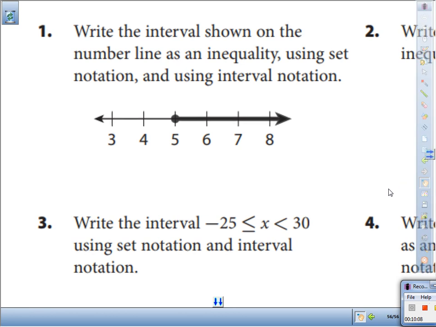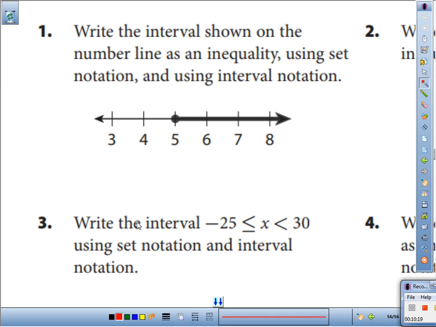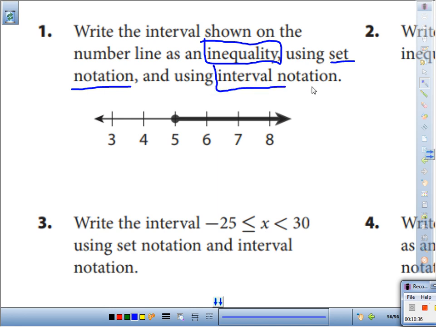All right. Y'all ready? Here it goes. Number one. It says, write the interval shown on the number line as an inequality. That's the first thing that we need to write. The second thing we need to write is set notation. Do we know how to write set notation? Yes. And the third, we need to write interval notation.